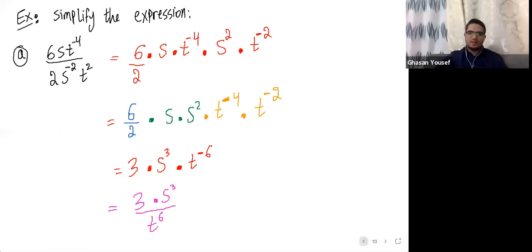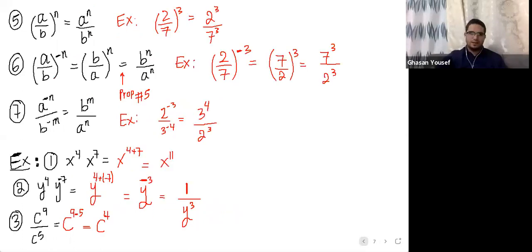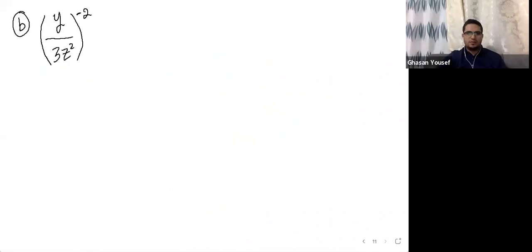So I'm going to use this property, number 6, a over b, everything to the power of negative n. So here I get 3z squared over y, everything to the power positive 2. So instead of negative, it becomes positive.